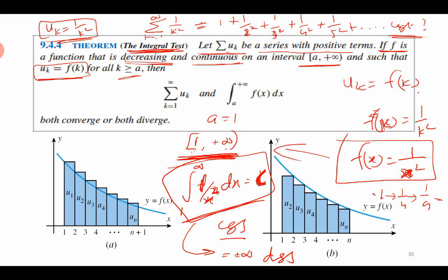Under all these conditions, both the integral and the series behave the same. If they converge together, they diverge together. That is the point. Remember, there are many points to remember here. The series should have positive terms and the corresponding function should be decreasing and continuous in the interval, and then they behave the same.